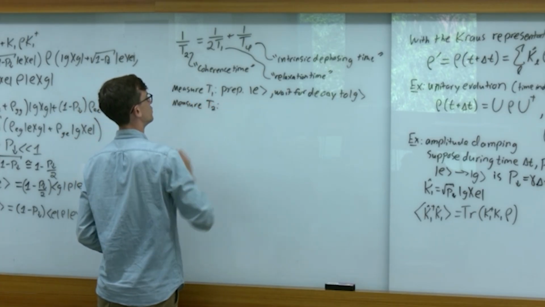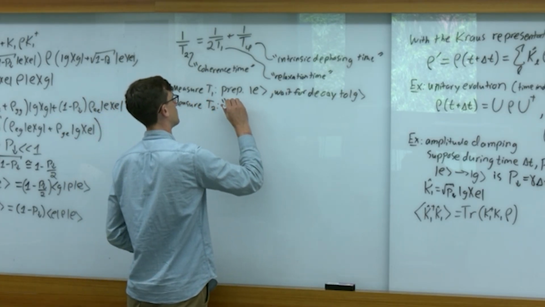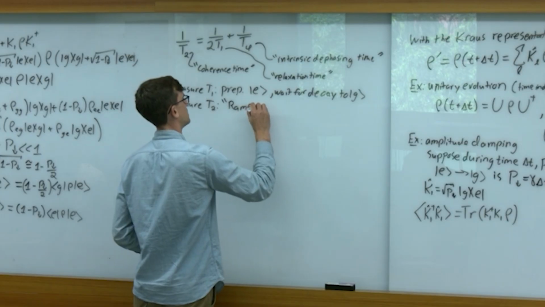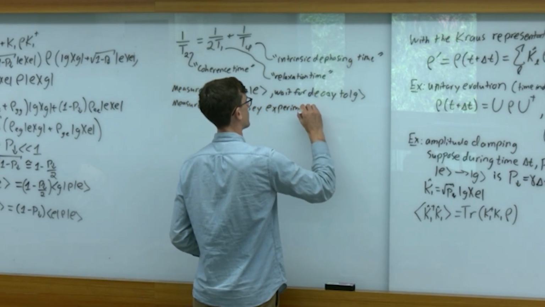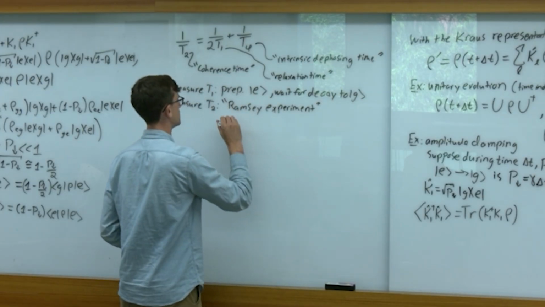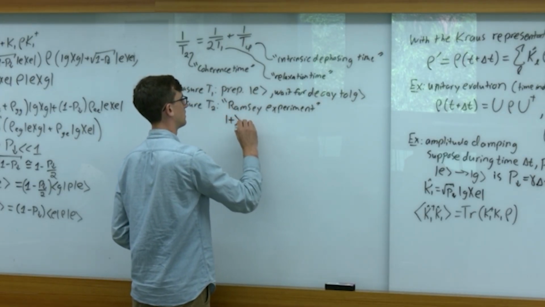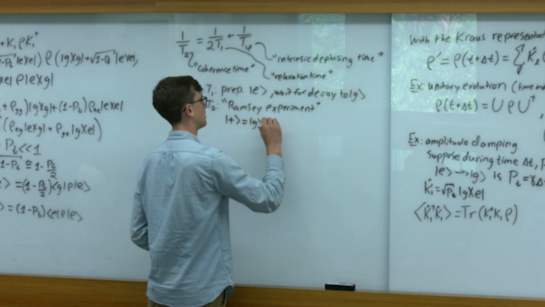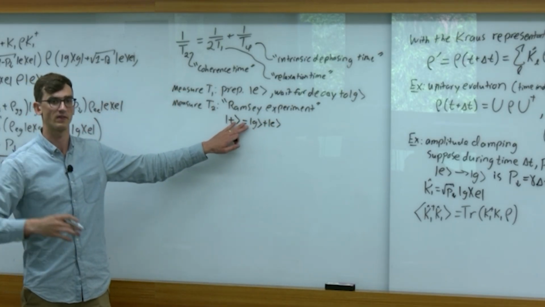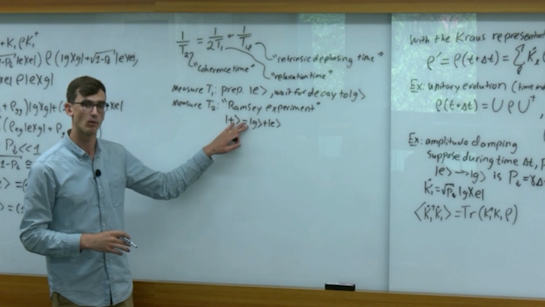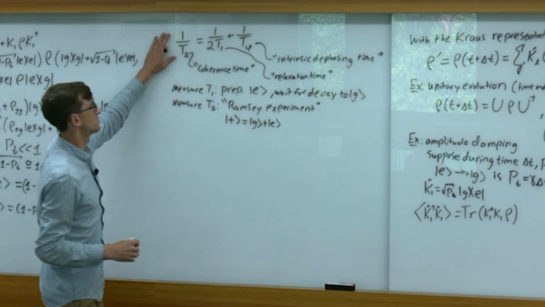To measure T2, you would do a so-called Ramsey experiment, after Norman Ramsey, where you prepare a superposition state. You would prepare the state plus, which is G plus E. This is sweeping a few details under the rug, but you more or less wait for that superposition to decay away. That's how you extract T2.